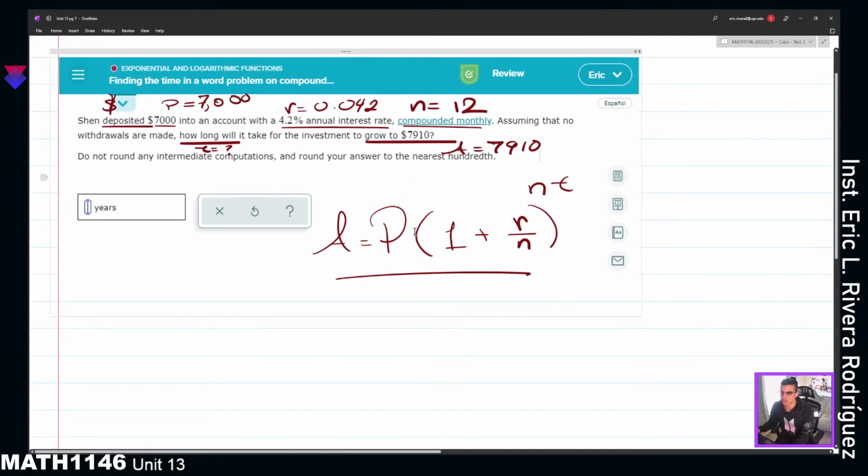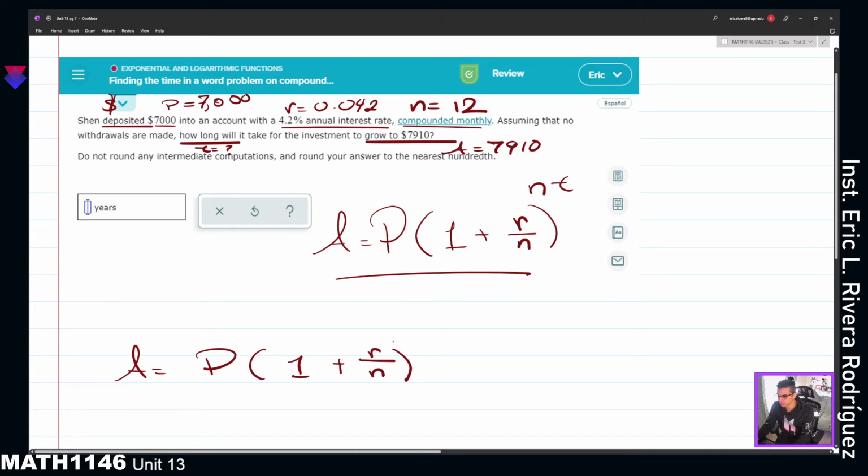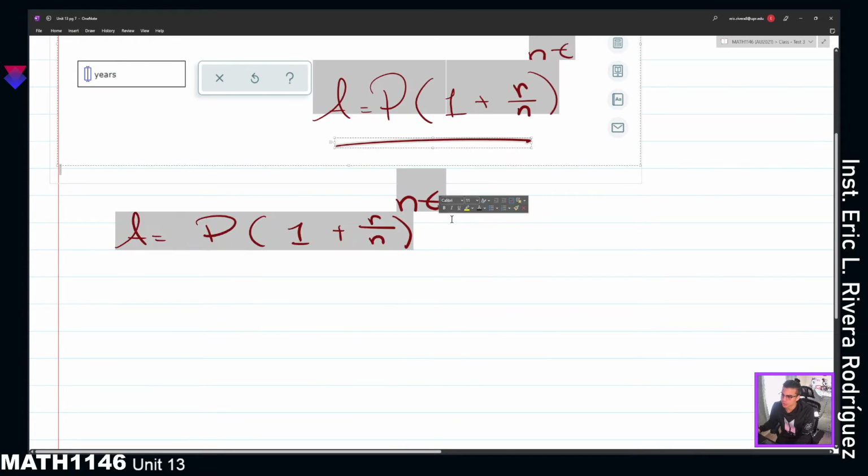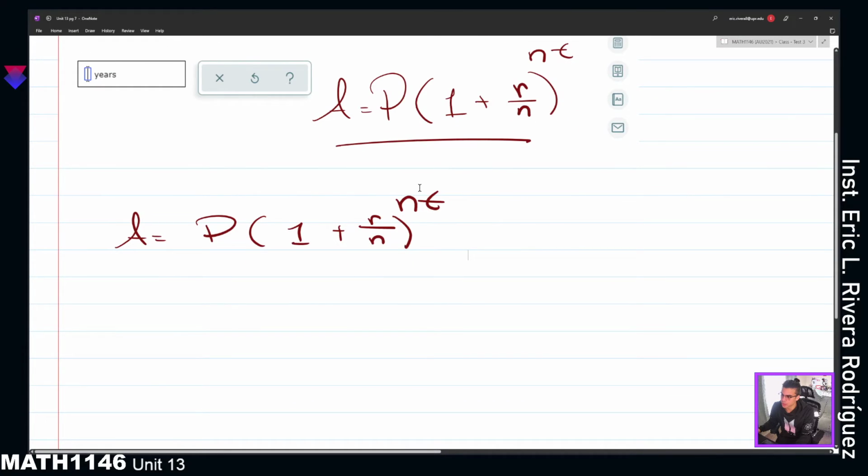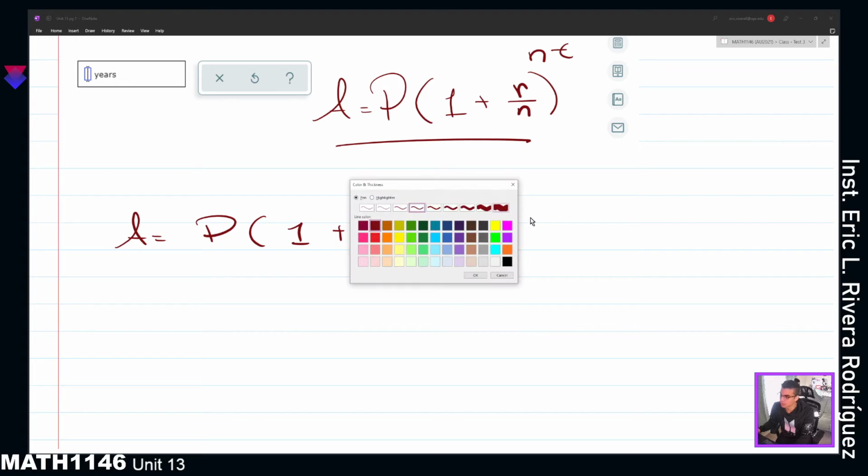All right, so let me put here the information that we got. The formula that we are going to be using is the compounded interest. The unknown variable is t.